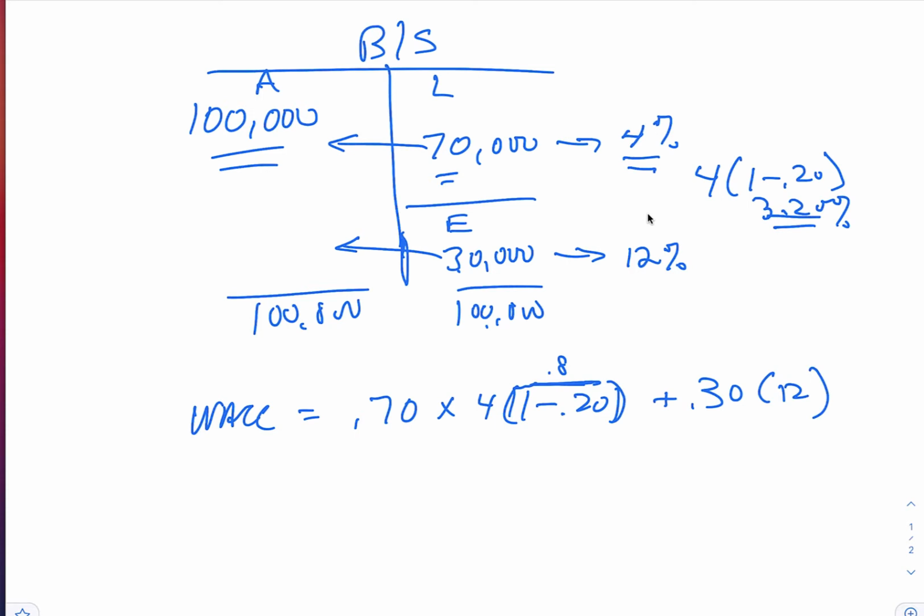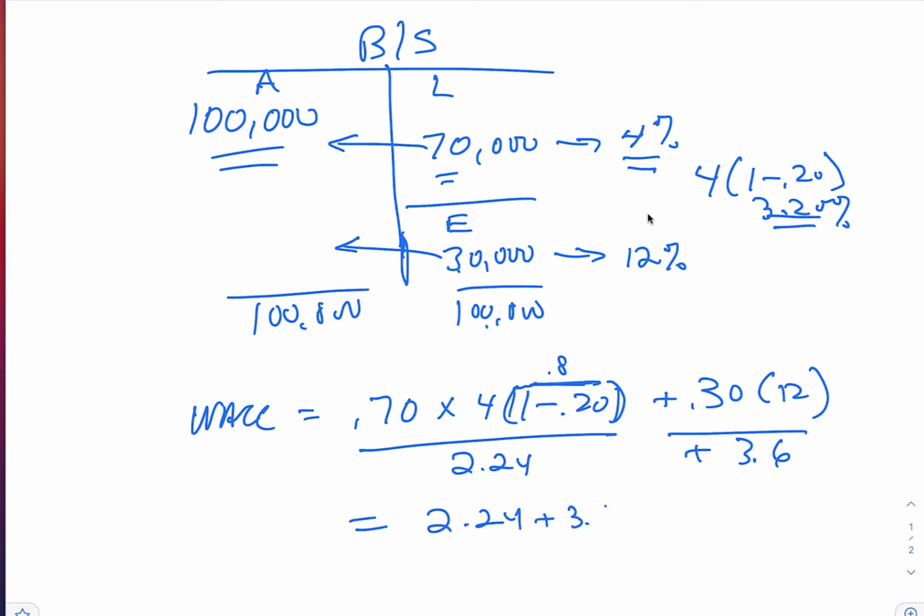And so when we do the math, we get 2.24 for this overall term, and this term comes out to be 3.6. So the sum, 2.24 plus 3.6, comes out to be 5.84%. That's your own weighted average cost of capital with respect to buying this house.